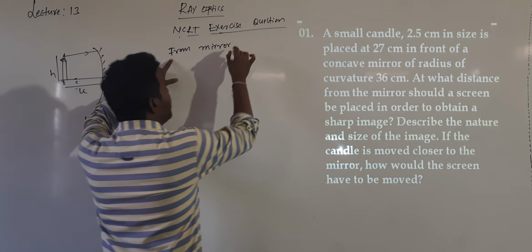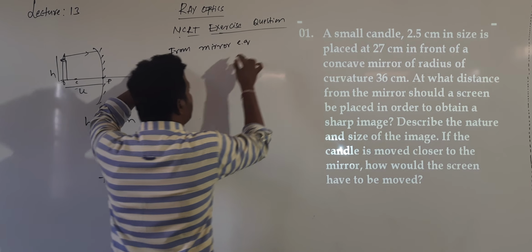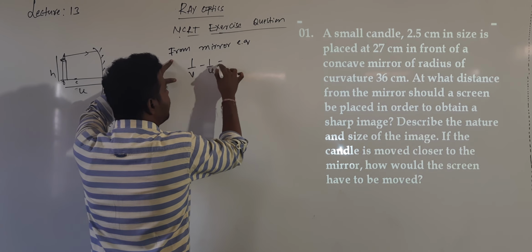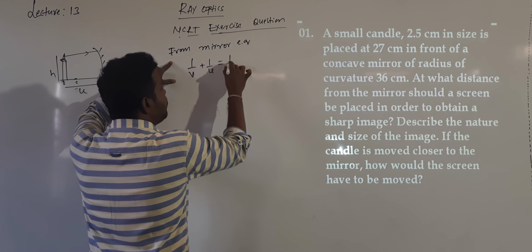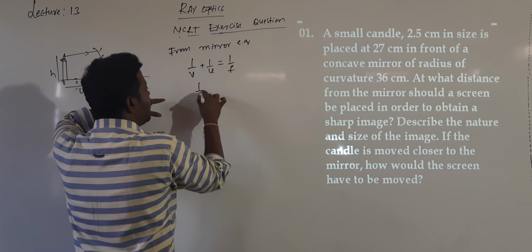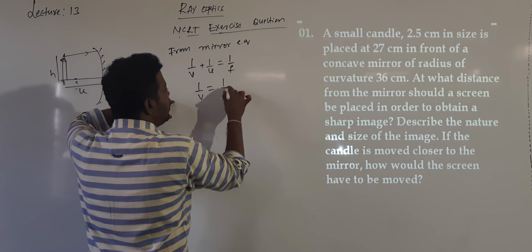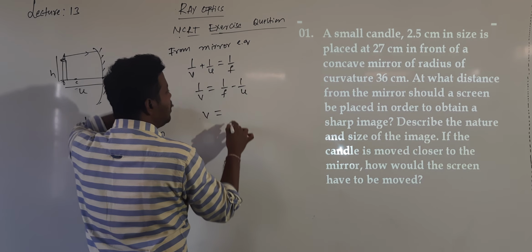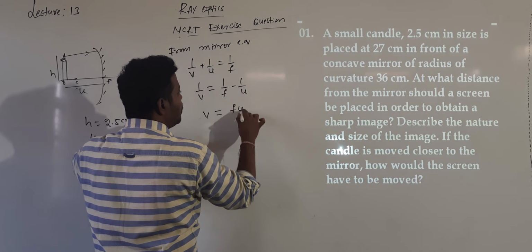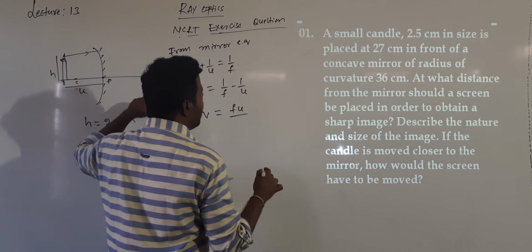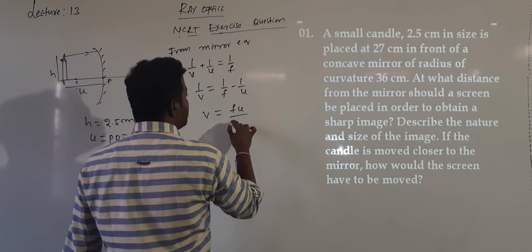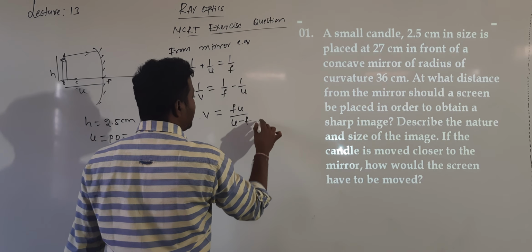From the mirror equation, what is the formula? 1 by v plus 1 by u is equal to 1 by f. So, 1 by v is equal to 1 by f minus 1 by u. The value of v is equal to f into u divided by u minus f, correct?